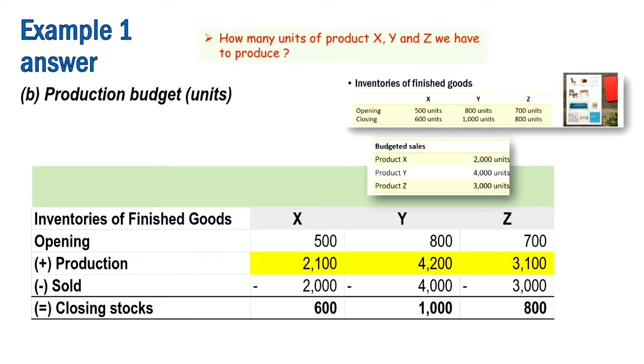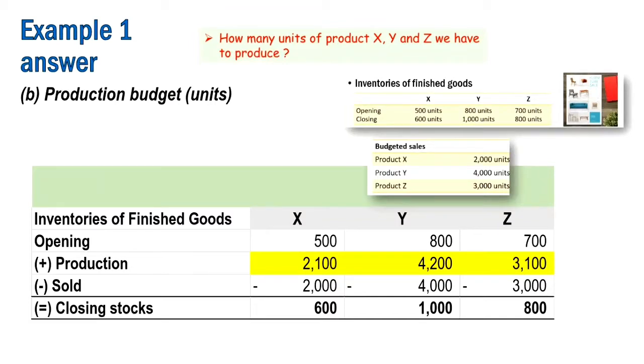Question number 2. Prepare the production budget. So the question is actually asking how many units of product X, Y, and Z we have to produce. From the word production, right? It's from the word produce. So we will have to look at this information. Please bear in mind that we already have opening finished goods.